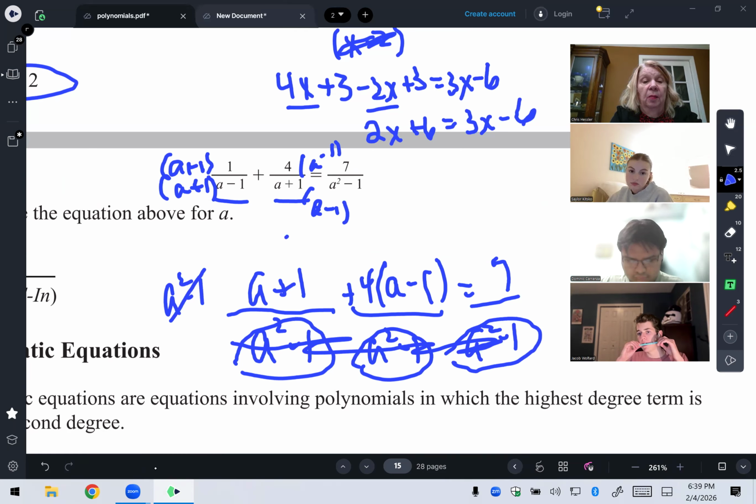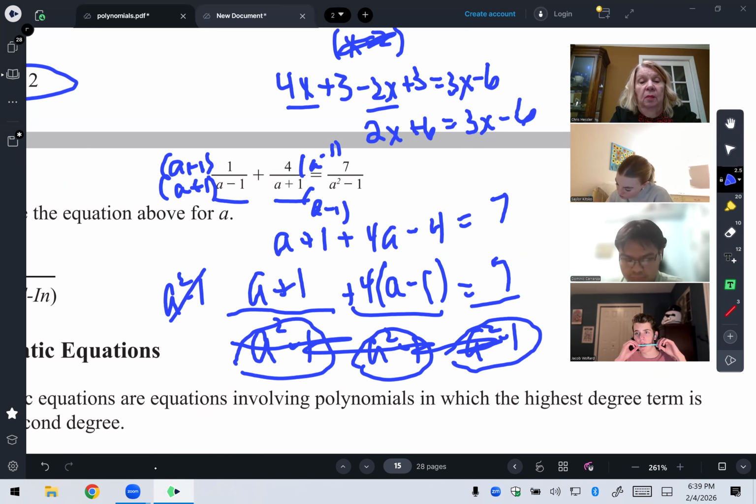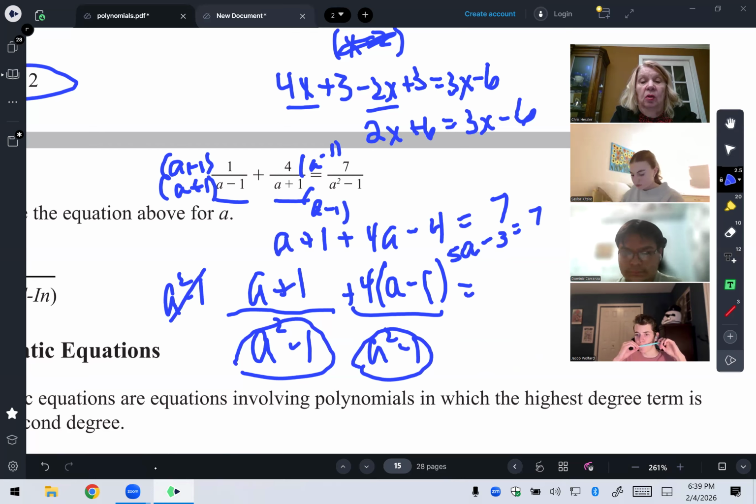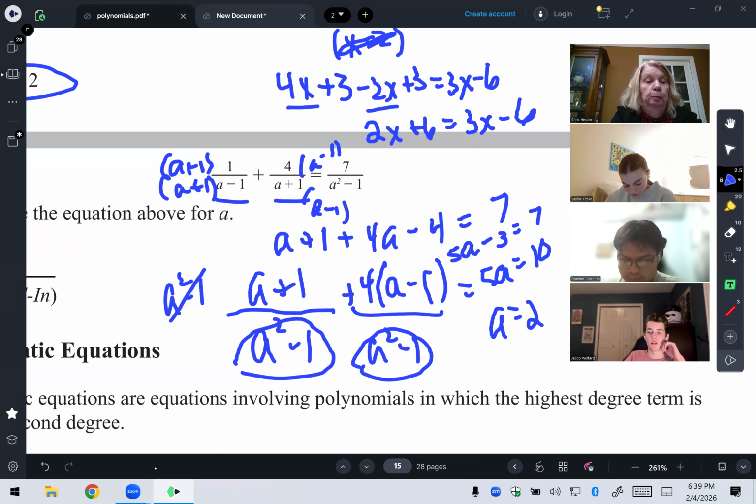Then on the top, I'm going to get a plus 1 plus 4a minus 4 is 7. That's going to give me 5a minus 3 is 7. 5a equals 10, so a equals 2. And if I had time in the test, I could put a 2 back in and see that it worked.